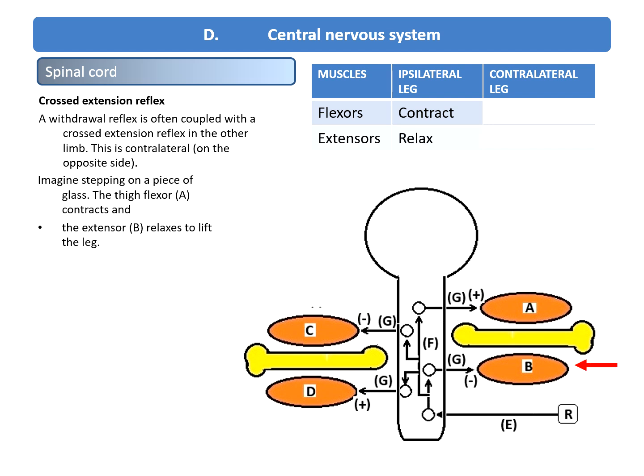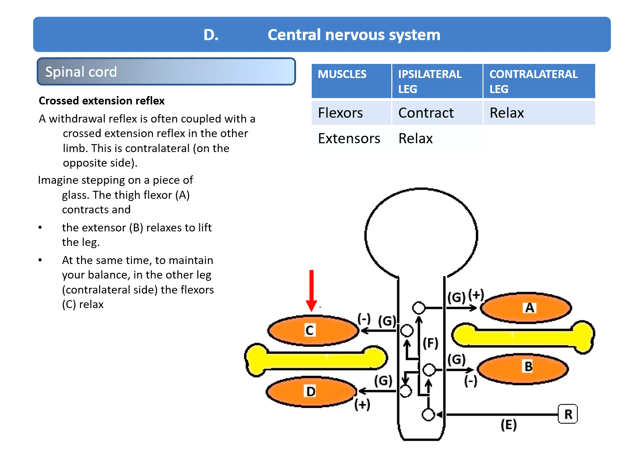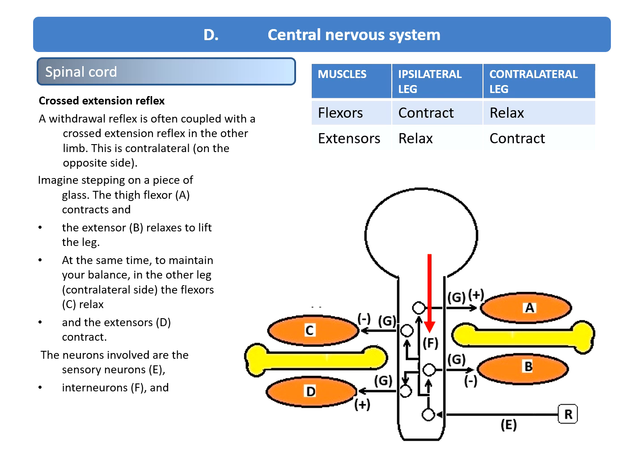The extensor would relax to lift the leg. At the same time, to maintain your balance, on the other leg, the contralateral side, the flexors relax and the extensors contract. The neurons involved are the sensory neurons, interneurons, and motor neurons.